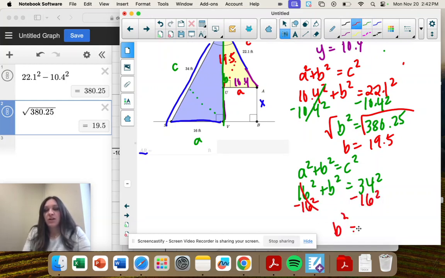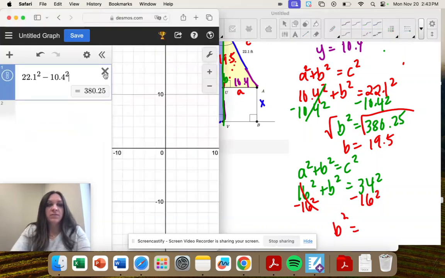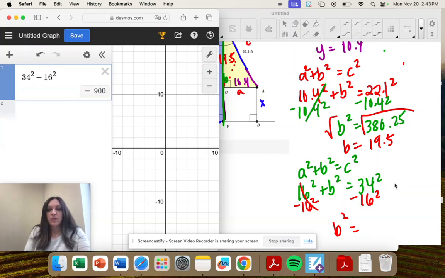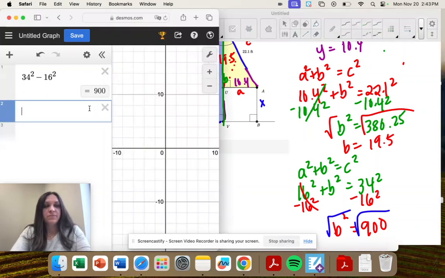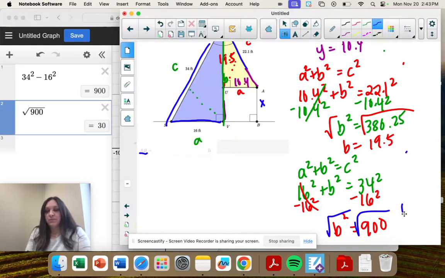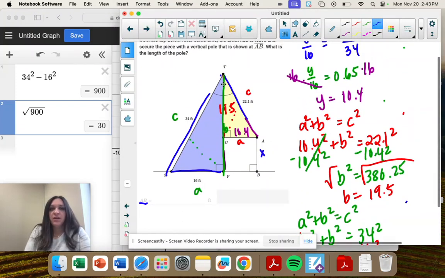So B squared equals 34 squared minus 16 squared, which is 900. And then take the square root of that, which is 30. So we just found this whole length is 30.